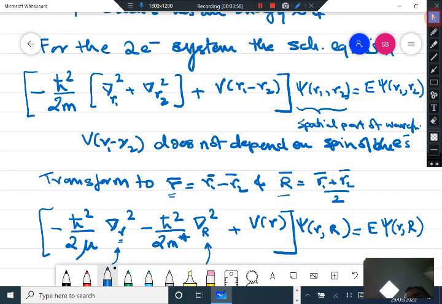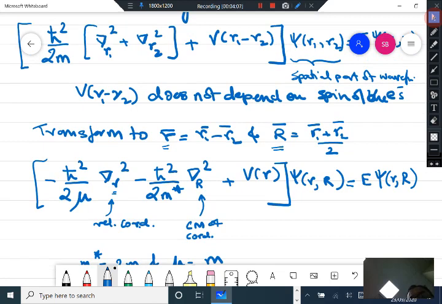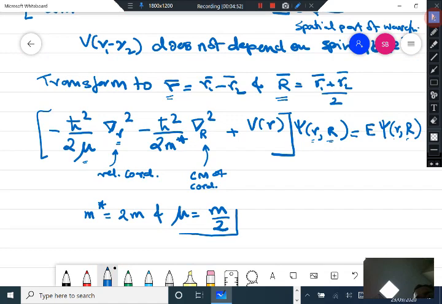The relative coordinate is small r and the center of mass coordinate is capital R. Then you can show that the equation transforms to minus h cross square by 2 mu, where mu is the reduced mass, del r square, r being the relative coordinate, minus h cross square by 2 m star, where m star is the total mass of the two electrons, which is 2m, del R square, plus V of r, and you are looking for solutions psi which are functions of the relative coordinate and the center of mass coordinate, psi(r, R), equal to E psi(r, R). Here mu, the reduced mass, is m by 2, and m star is the total mass 2m of the system.